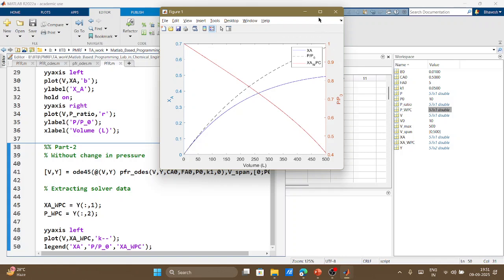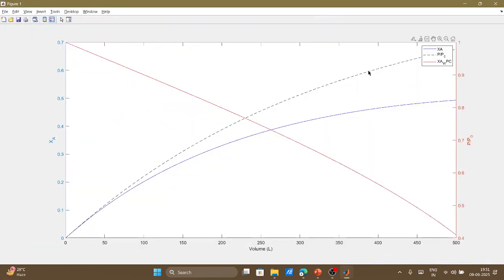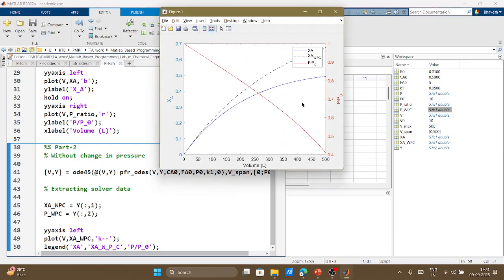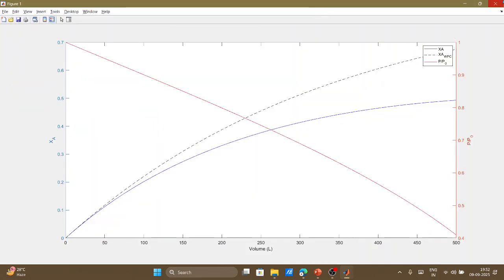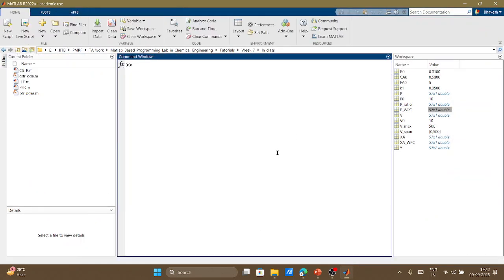Oh, sorry, the notation XA. I think I have to put the left axis value first, and then this. Okay, and let's run it. So this is how you can see the variation. Okay, so this was the part for the PFR problem, the unsteady state PFR problem.